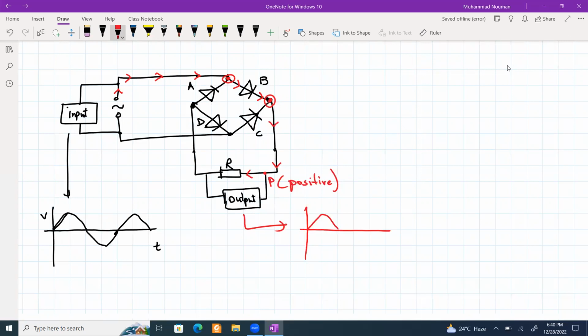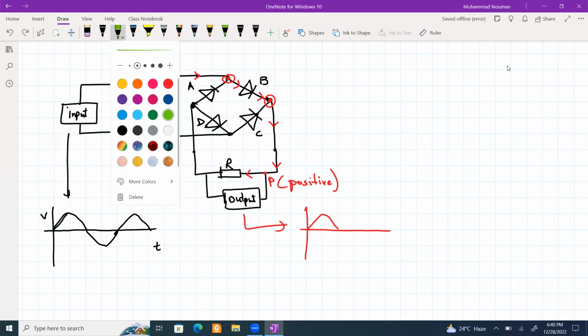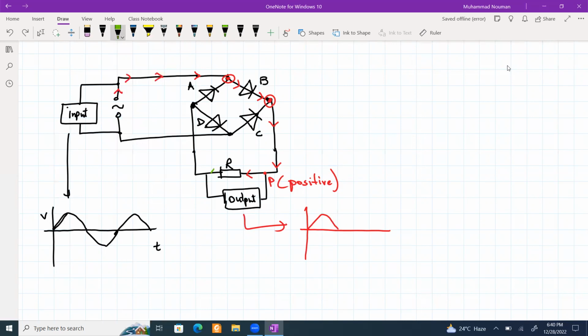I'm going to change the color after it passes through the resistor, and I'm using green color to show you the other pulses after passing through. It reaches this junction.